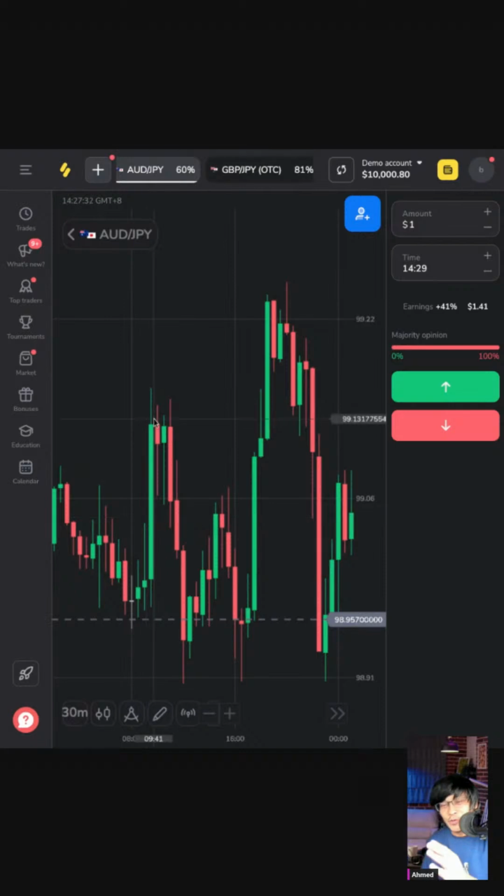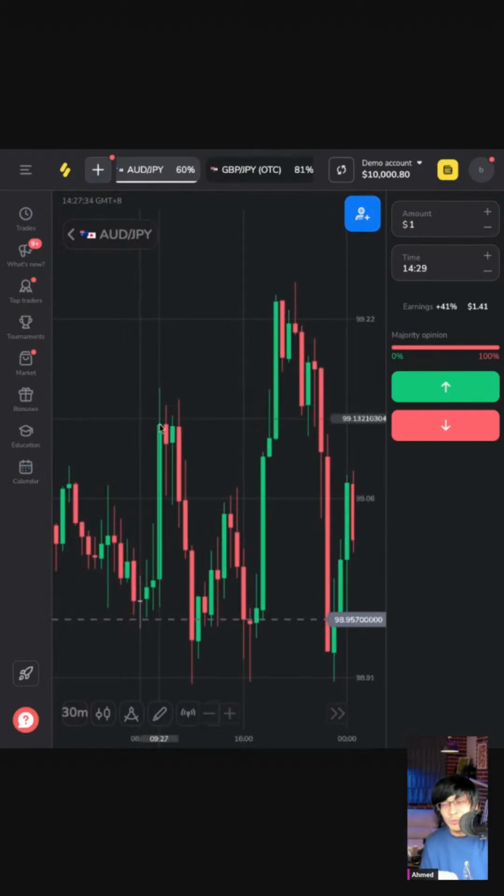And if you thought that this upward movement is going to go on forever, look at what happened next. It went all the way down, even lower than the tall green candle here. The three red candles pushed prices so low, from 99.127, this level up here at the top, all the way down to 98.93.